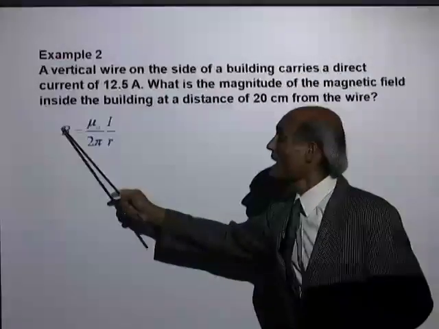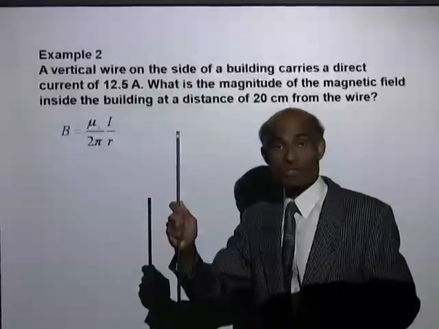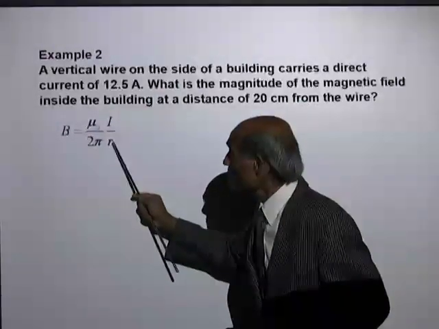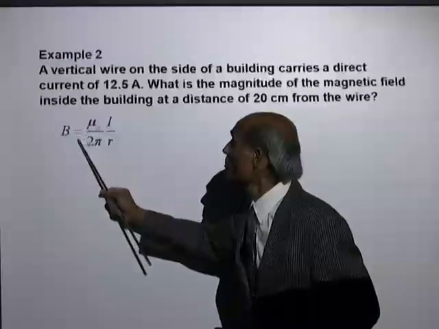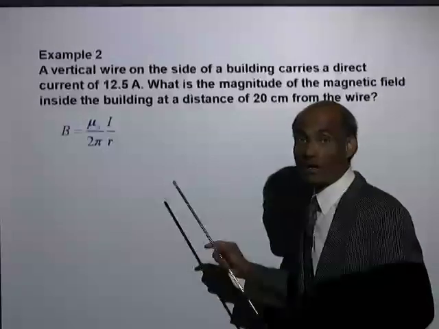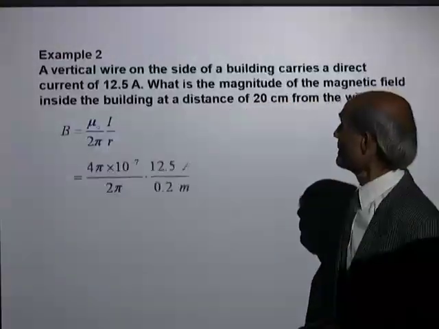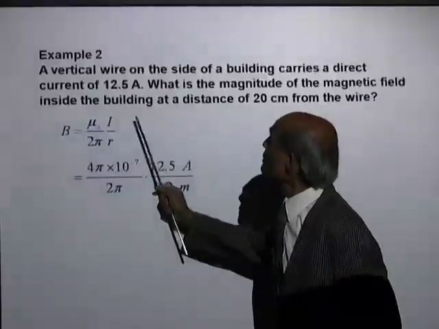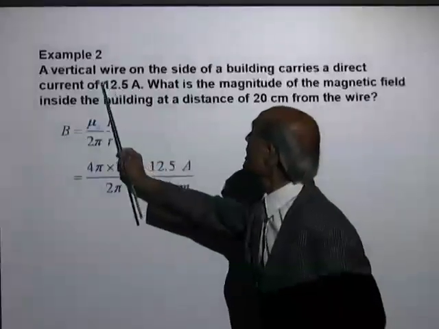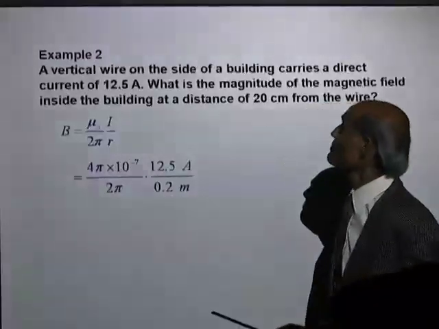Well, we know that the magnetic field generated by current in a straight conductor at a distance r from it is mu 0 over 2 pi times I over r, and that is what we obtained in the previous slide. Now, in this case, I is 12.5 ampere and r is 0.2 meter.